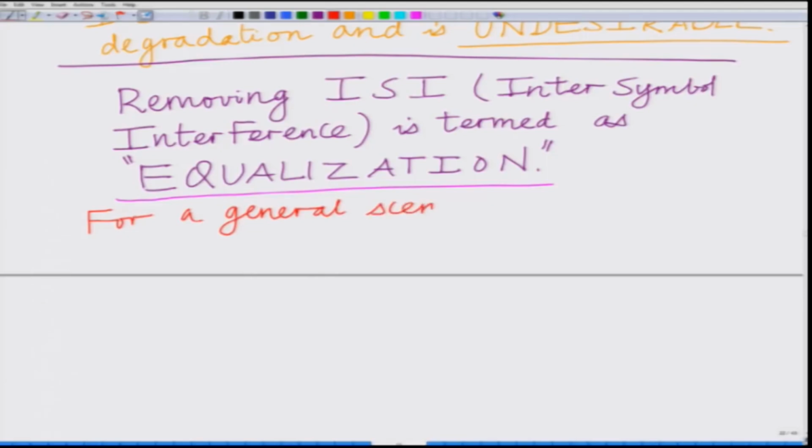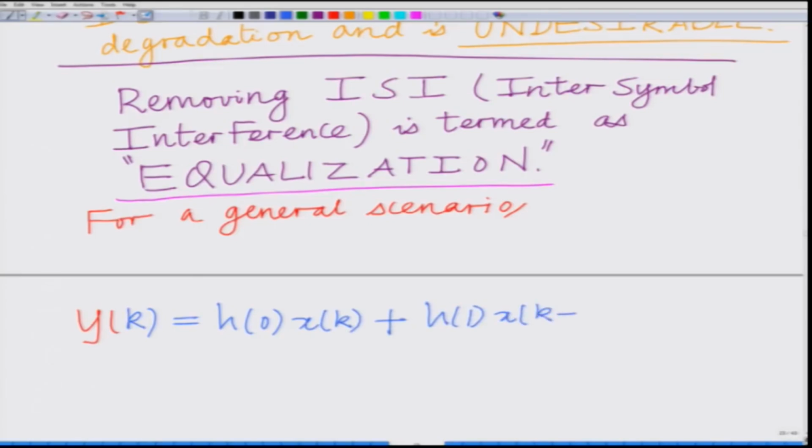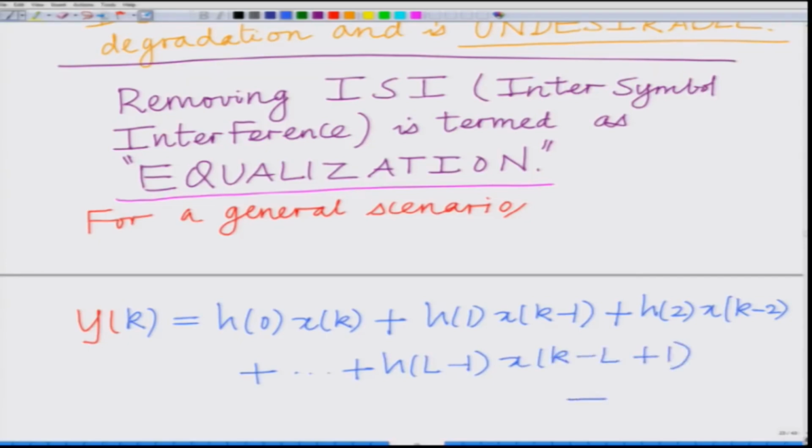for a general scenario, I can have yk equals h0 xk plus h1 xk minus 1 plus h2 xk minus 2 plus so on, hl minus 1 xk minus l plus 1 plus vk, correct.